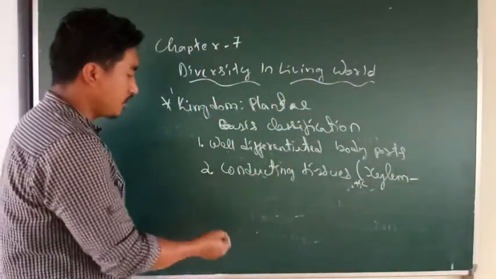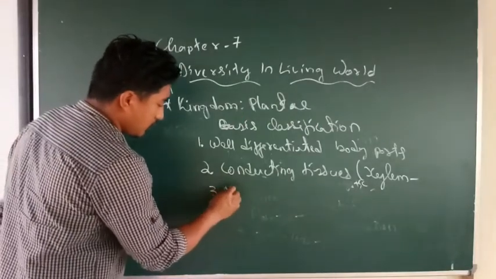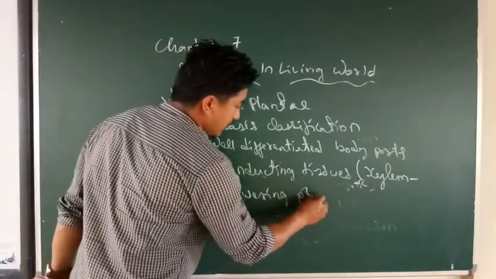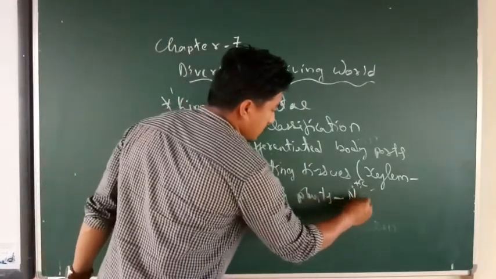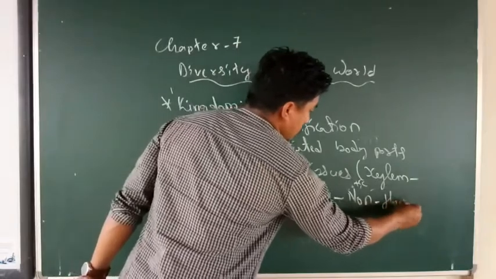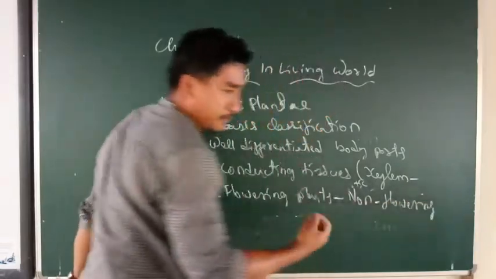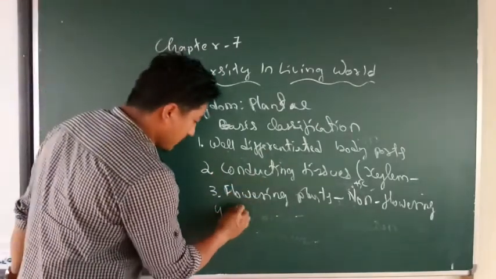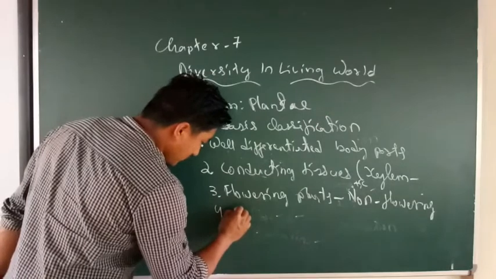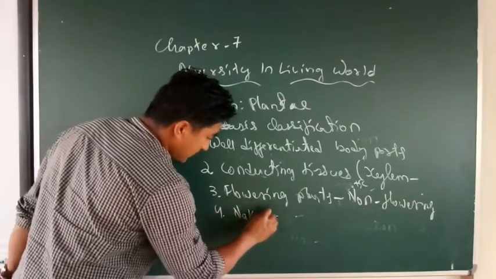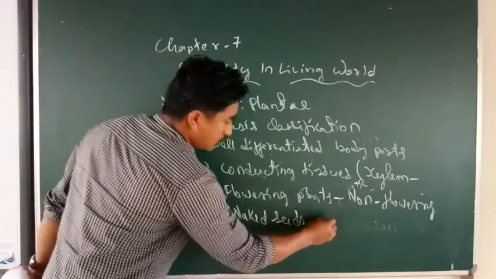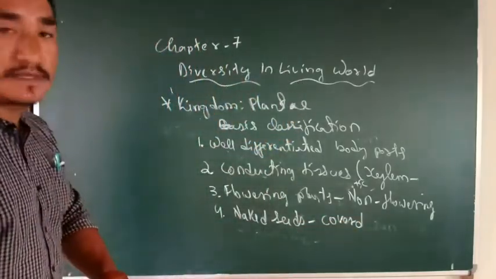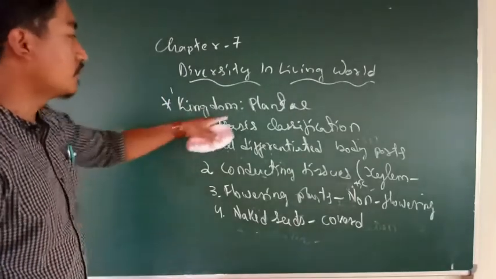Then further classification is based on whether they are flowering plants or non-flowering plants. Then another basis is whether they bear naked seeds or the seeds are covered. So these are the different bases of classification of the whole plants.